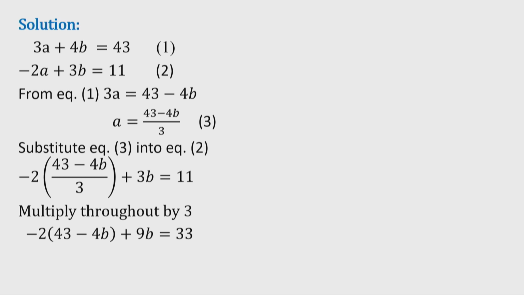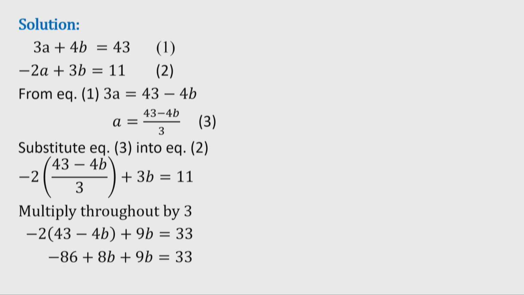I will get minus 2 times (43 minus 4b) plus 3b times 3, which is 9b, equal to 11 times 3, which is 33. Expanding the brackets will give me minus 86.